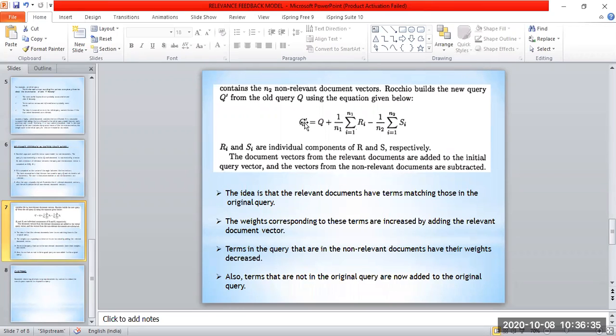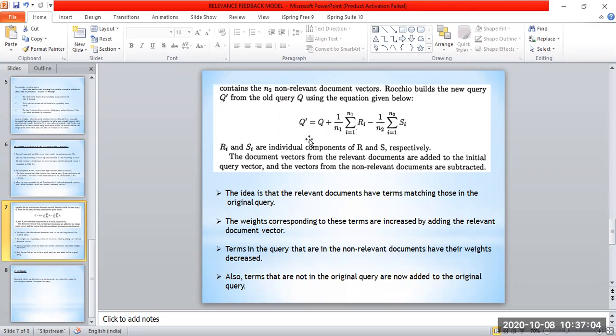Q dash is the new query which we are looking for, and it can be generated using this formula, which has Q, the old query, R, the relevant document vectors, and S, the non-relevant document vectors.